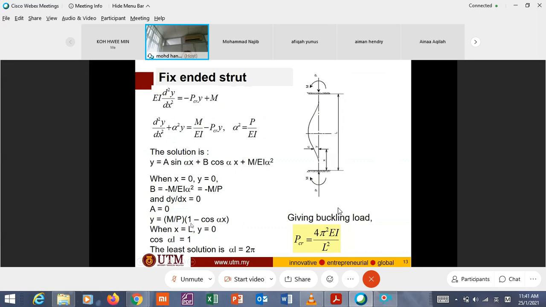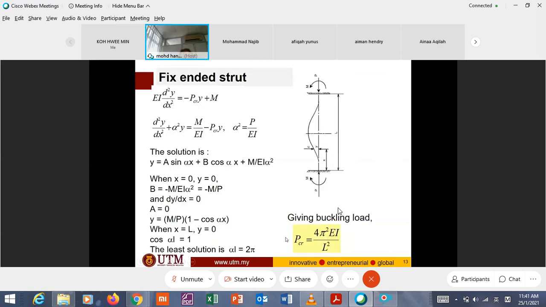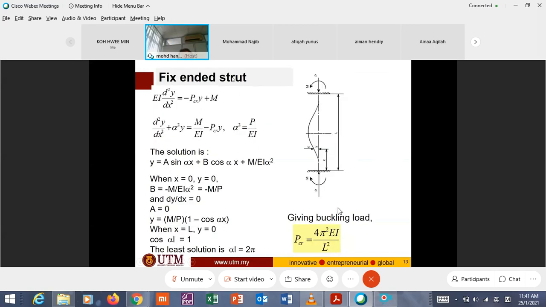You study this derivation, and at the end the buckling load is equal to 4 pi squared EI over L squared, which is 4 times compared to the pin connection. For a pin connection, pi squared EI over L squared, pin ended, and for a fixed ended strut, 4 pi squared EI over L squared. This is another formula to remember.